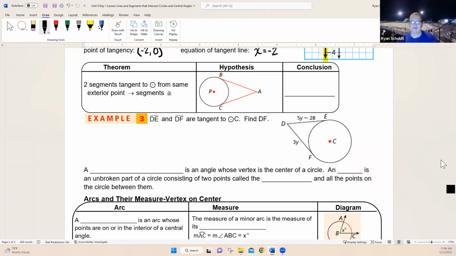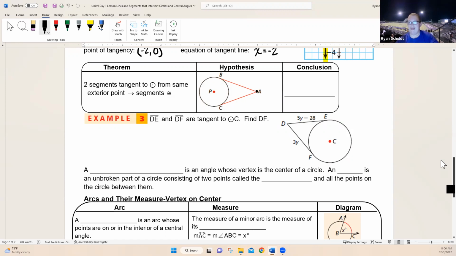If two segments are tangent to the circle from the same point, so we have point A right here, they start at the same point and they're both tangent to the circle, then the segments are congruent.